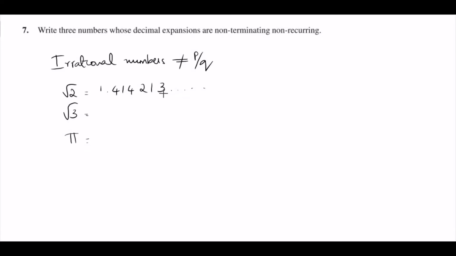And for root 3, it is 1.732, etc. It is non-terminating and non-repeating. And for pi, it is 3.14, etc. These are long numbers. I have just written an approximation. All these are examples of non-terminating and non-recurring decimal expansions.